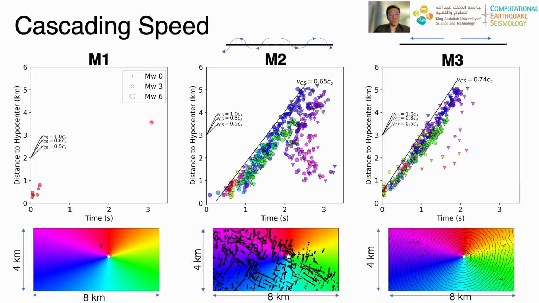This M1 shows a limited slip on the manifold plane and only a small amount of fracture slip that occurred in only one family. In model number 2, one can see the progress of fracture activation with time. Interestingly, the rupture is also progressing back to the hypocenter.